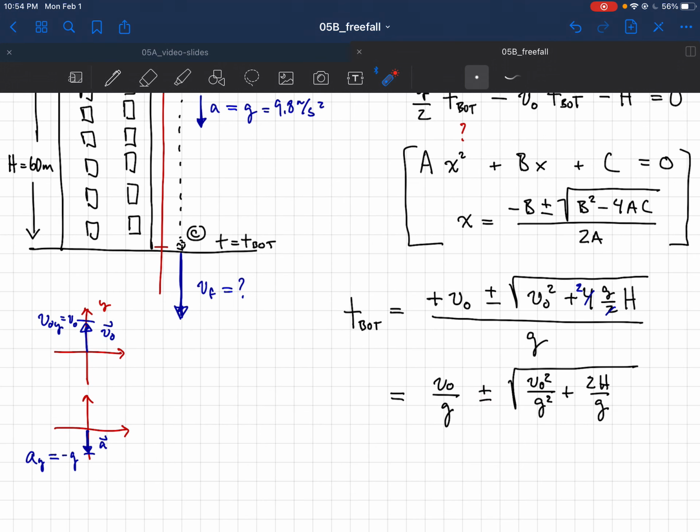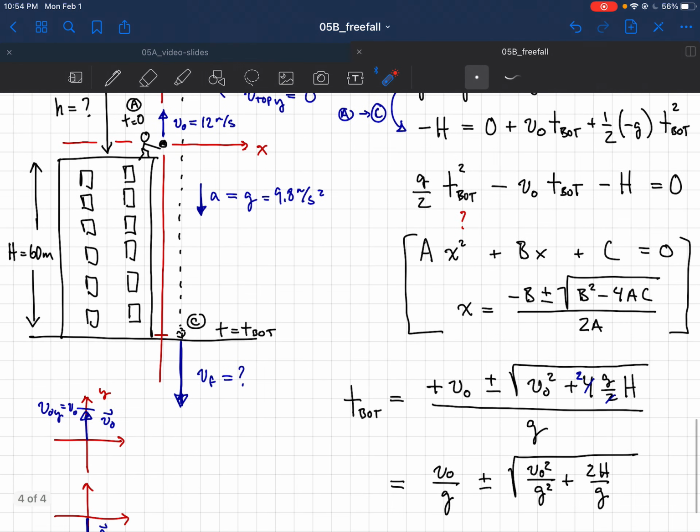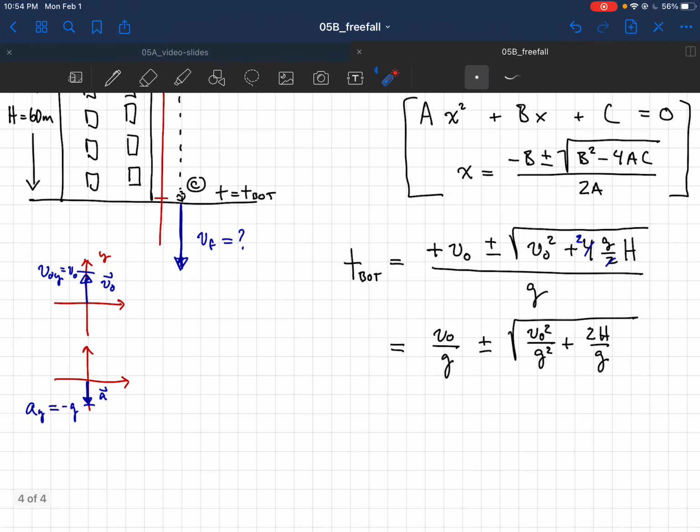So what the heck does that mean, a negative time? Well, if this object was in free fall, not only after being thrown, but also before being thrown, meaning it wasn't thrown, it just happened to be moving upwards, then the negative time would correspond to the amount of time before this moment when it was down here. So it was like all going up and then back down again. So that would correspond to that.